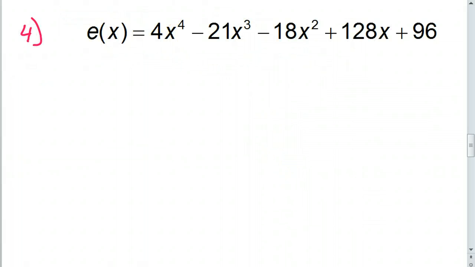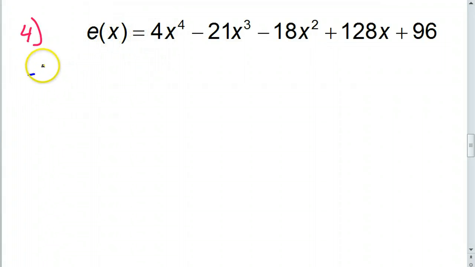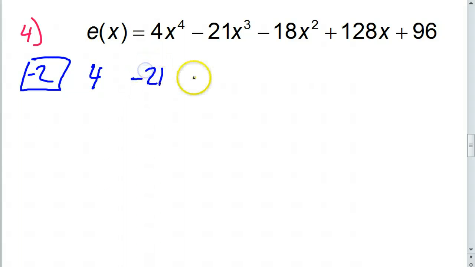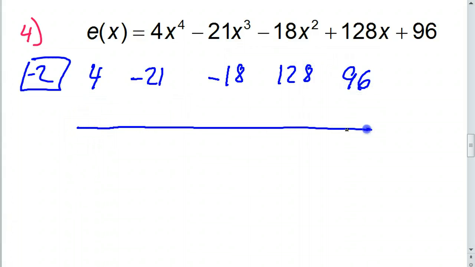Okay, so let me see how fast I can do this. Starting with the negative 2, I've got 4, negative 21, negative 18, 128, and 96. If I bring down the 4, that's negative 8. It's negative 29.